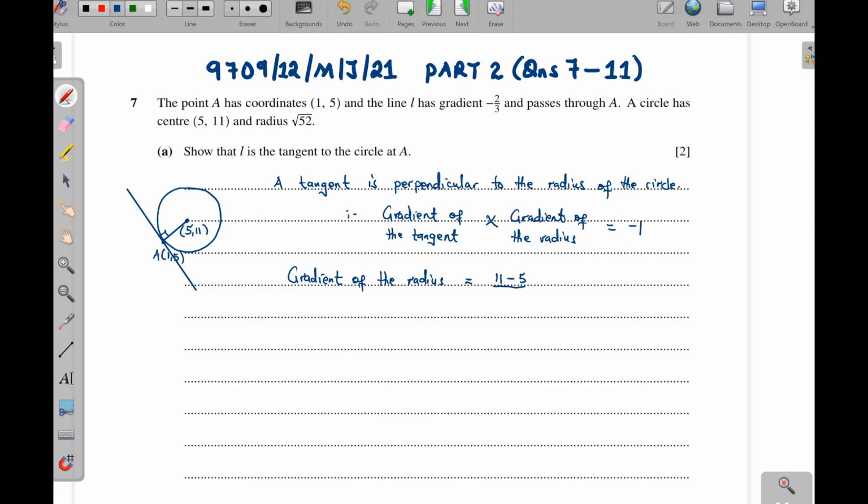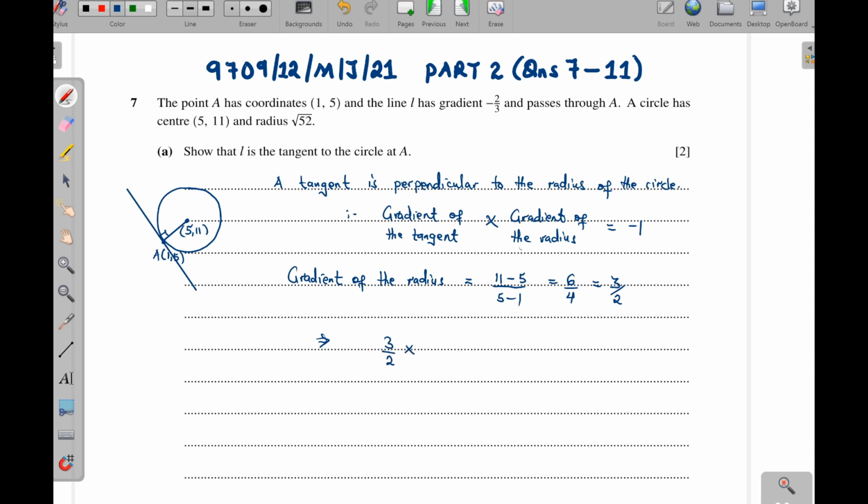Then we are dividing by 5 minus 1. This will give us 6 over 4, and this reduces by 2, you get 3 over 2. Now, the gradient of the radius is 3/2.